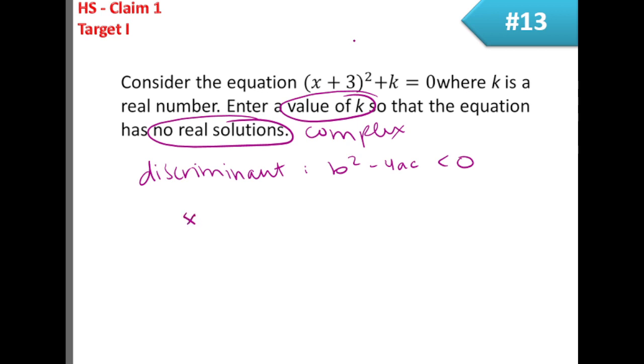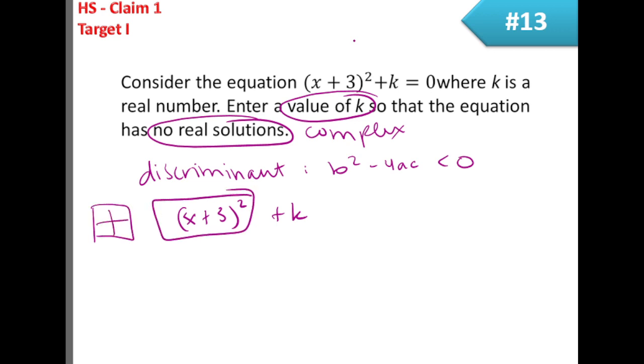So let's just do this. X plus 3 squared plus k. So if you do the box method here, you would do x plus 3, x plus 3. You'll get x squared plus 6x plus 9 plus k equals 0. So now let's identify.